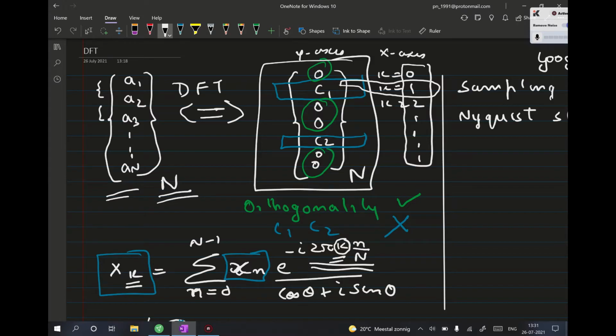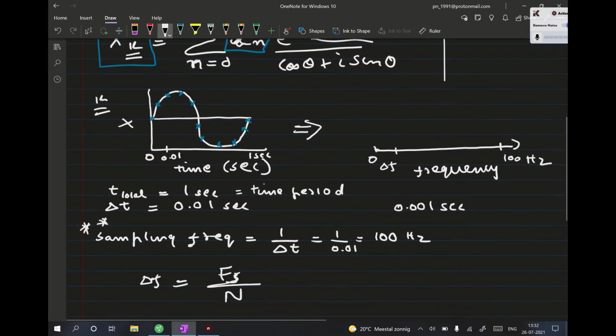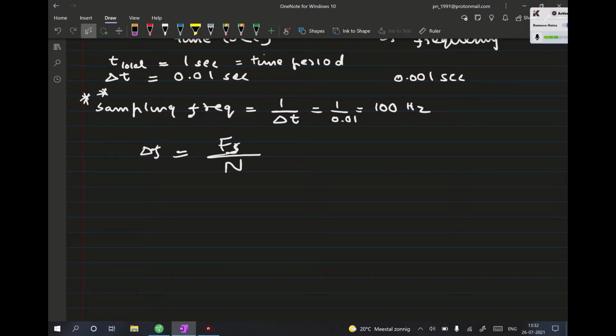And if we are to plot on the same scale, all I need to do is divide the sampling frequency by the same number of data.